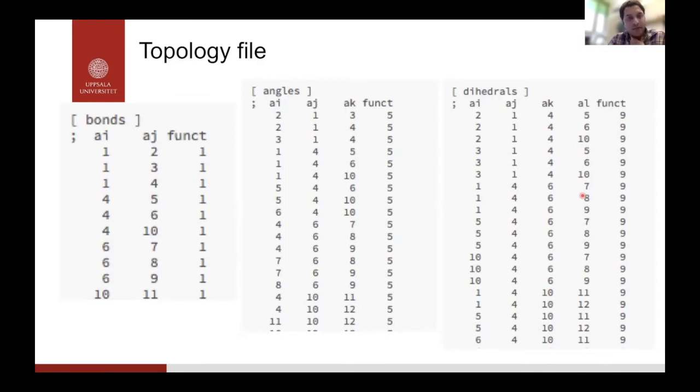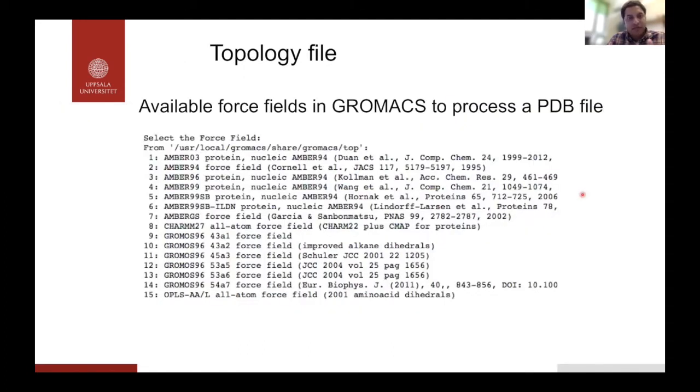The structure of these topology files can be a bit different based on the force fields, but in GROMACS, you can perform simulations with a number of different force fields, like AMBER, CHARMM, and GROMACS. You can also download any of the newly developed versions, like the new CHARMM versions, keep them in the folder, and then use them with GROMACS.